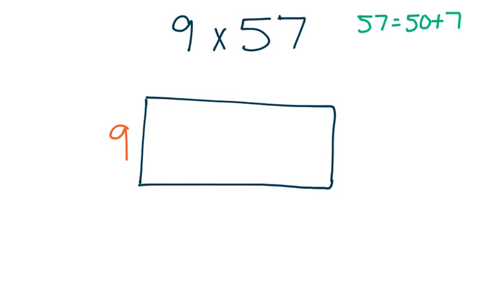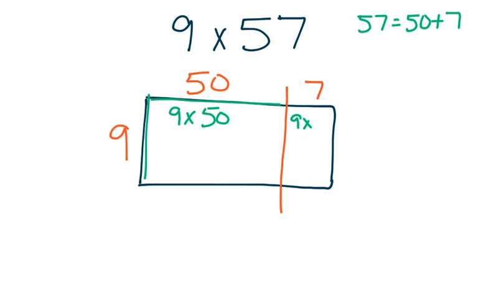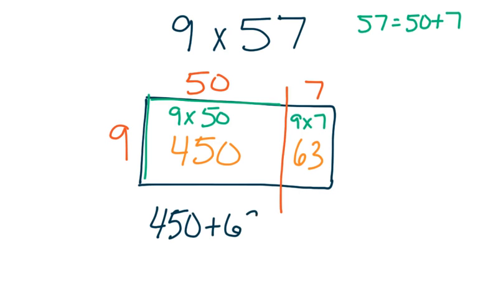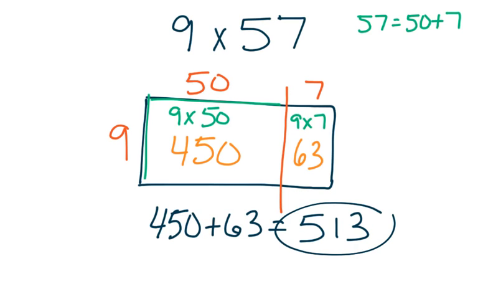I have 9, and now I'm going to split my rectangle into 50 and 7, and I'm going to write my multiplication problems in. 9 times 50, 9 times 7. 9 times 50 is equal to 450, 9 times 7 is equal to 63, and all I have left to do is add my pieces together, my partial products. 450 plus 63 is going to give me 513. That is my final product to 9 times 57.